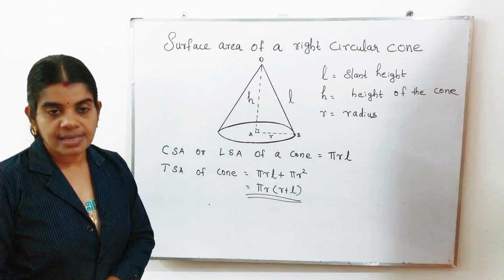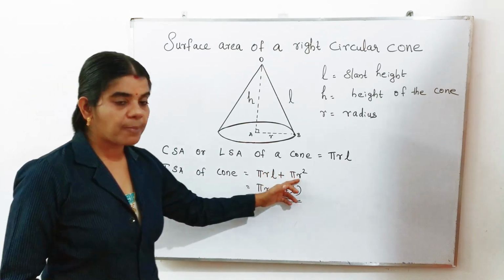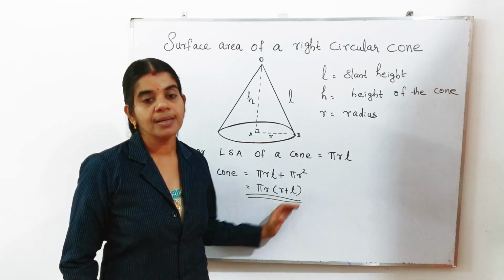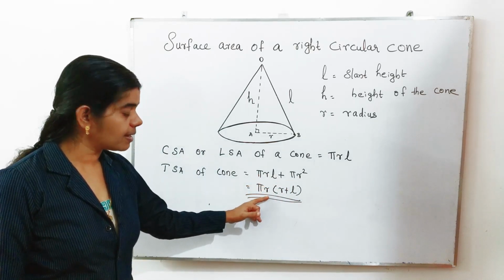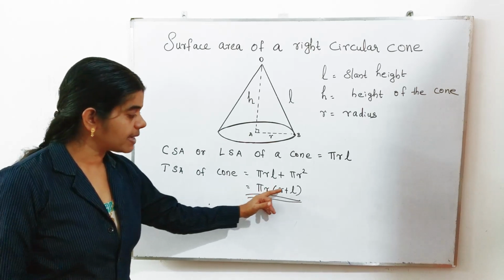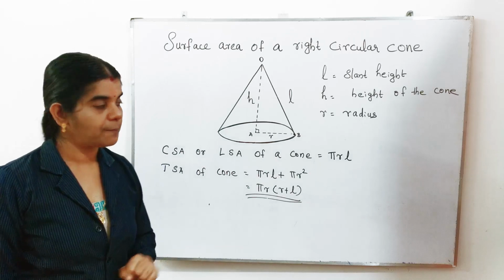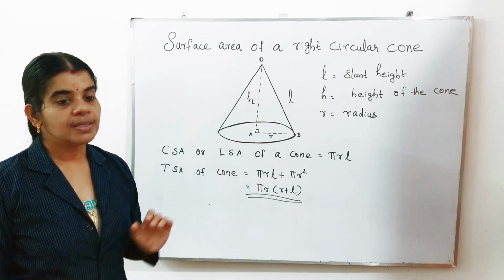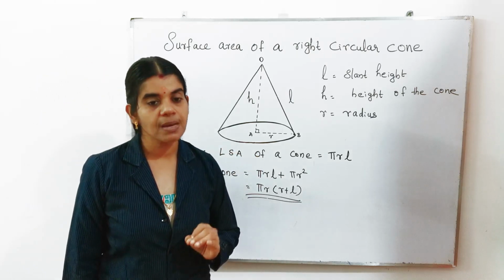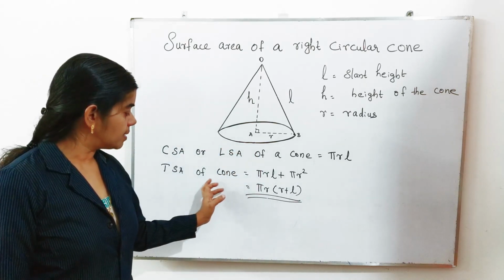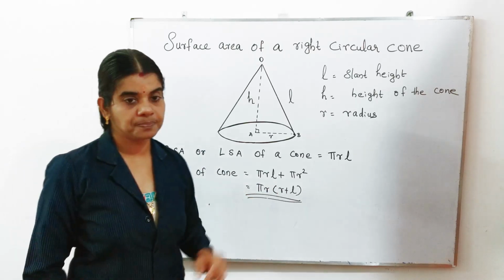Taking pi r common, the total surface area of a cone is pi r into r plus L. The curved or lateral surface area of a cone is pi r L, and the TSA of a cone is pi r into r plus L.